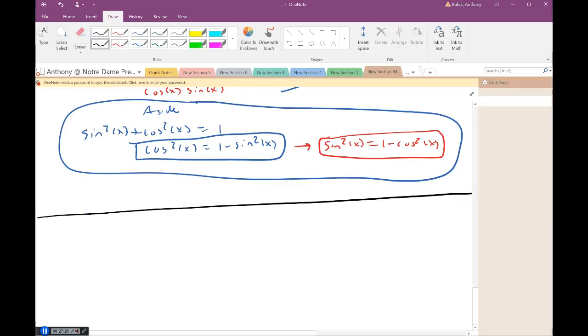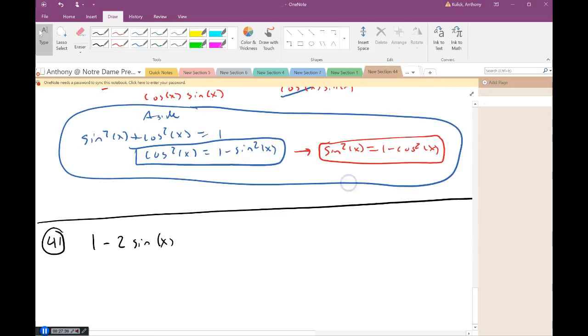All right. Next one is 41. Is that right? Cotangent. That's okay.